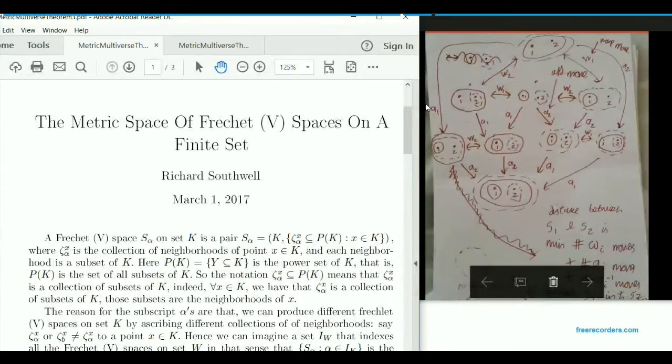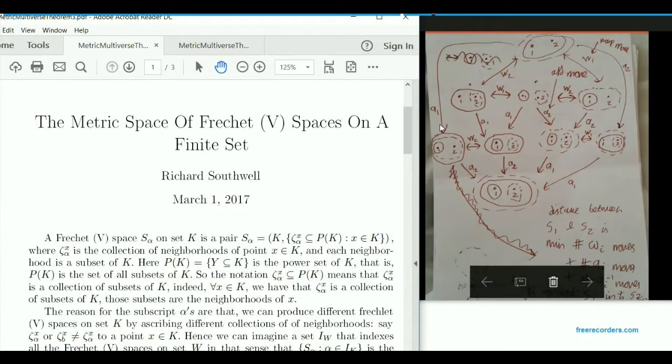And the real point is that the minimum number of such moves, adding a neighbourhood, subtracting a neighbourhood, or replacing one neighbourhood with another, the minimum number of such moves you need to convert a Fréchet space S1 to a Fréchet space S2, where S1 and S2 are both Fréchet spaces on the same set K, that gives you a measure, a metric actually, so we can call it D(S1, S2).